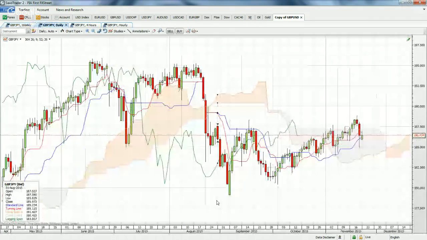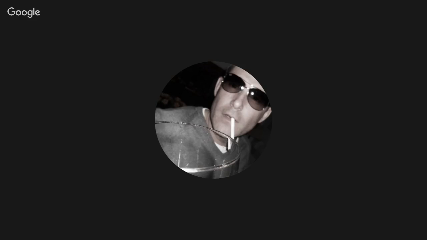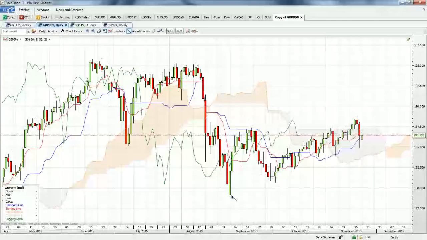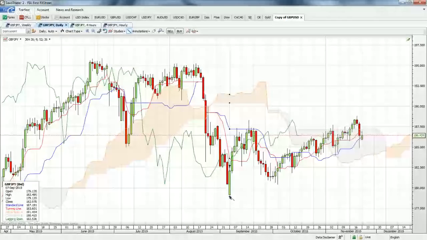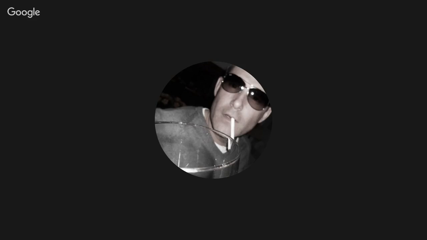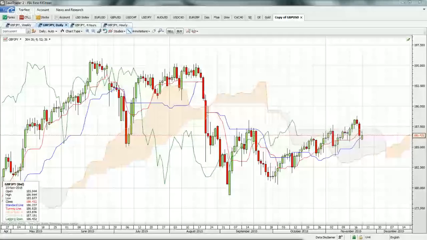And if we just put, I think that's a false candle actually. Let's just have a look at the data on there. 7th of September low, 179.13. Just trying to get it up on my other charts. 7th of September low, 180.34.